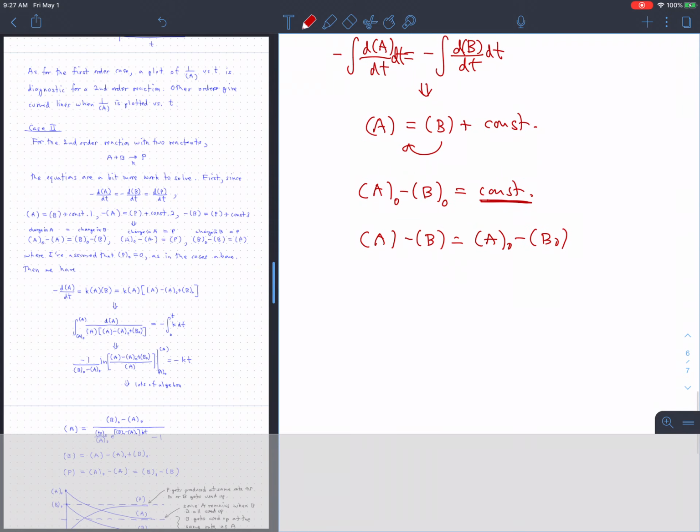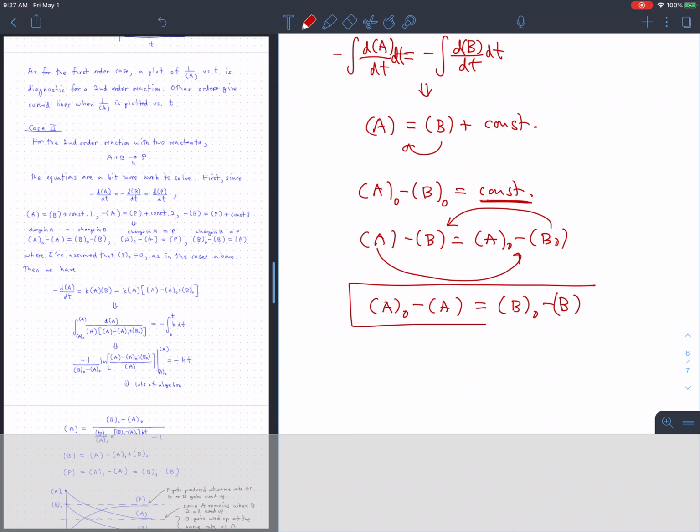Now rearranging, I'm going to move the A over here, I'm going to move the B over there. I get that A0 minus A is equal to B0 minus B. That last step there is just to make things a little bit easier, but that's my final form for this relationship.